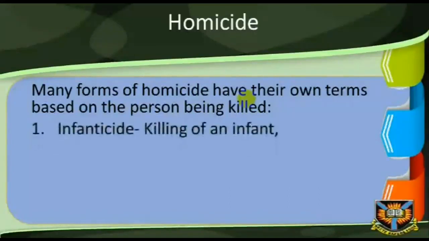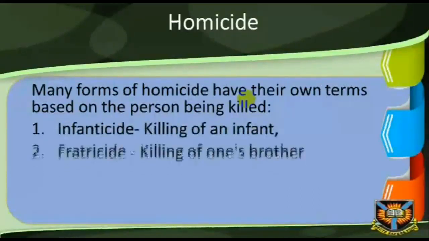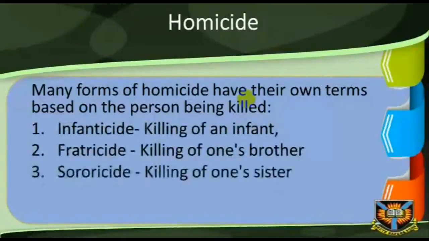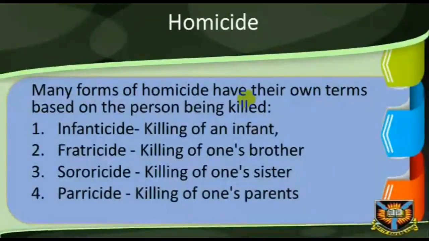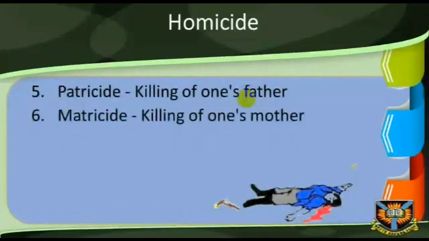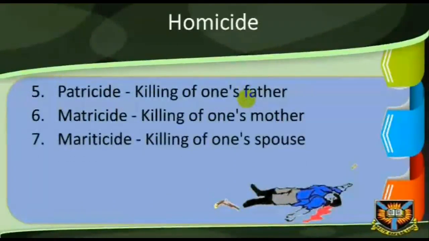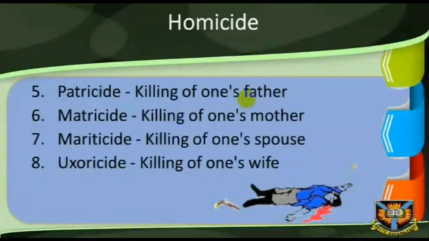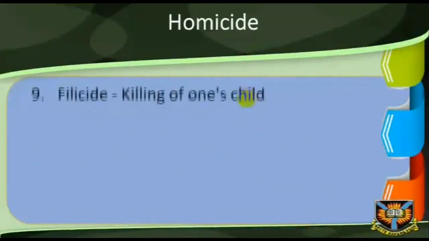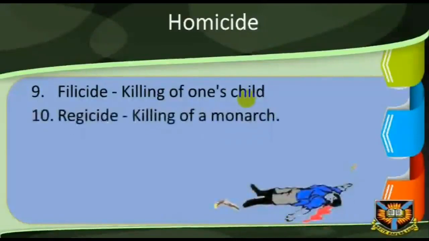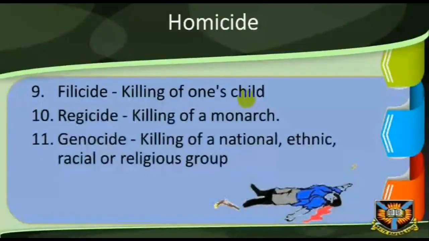These include infanticide, killing of an infant; fratricide, killing of one's brother, or in a military context, killing of a friendly combatant; while others are as follows: sororicide, killing of one's sister; parricide, killing of one's parent; patricide, killing of one's father; matricide, killing of one's mother; mariticide, killing of one's spouse; uxoricide, killing of one's wife; filicide, killing of one's child; regicide, killing of a monarch; genocide, killing of a national, ethnic, racial, or religious group.